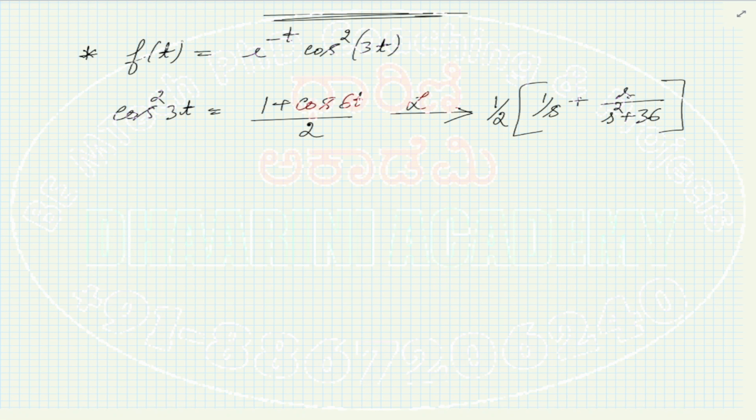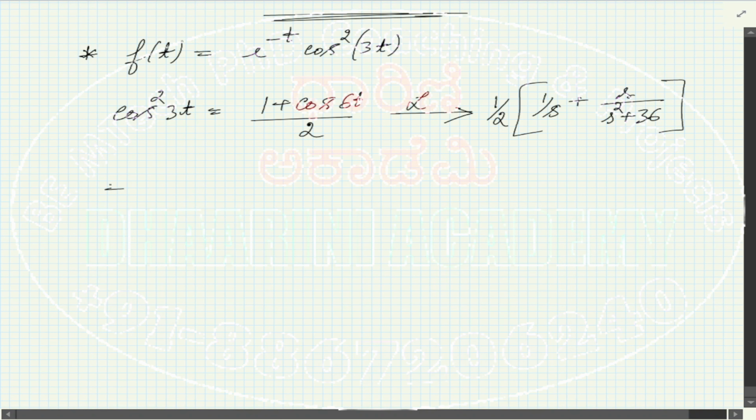If this is the Laplace of just the cos square term, then according to the rule, if you multiply this function by e to the minus t, what should happen to the Laplace?